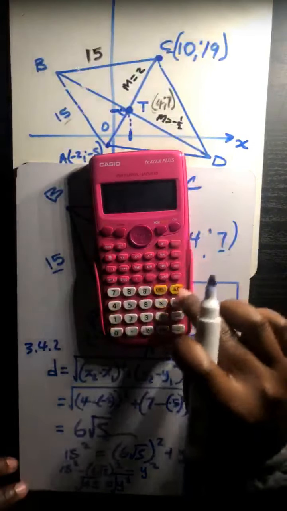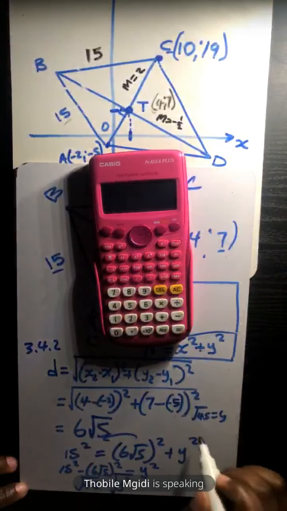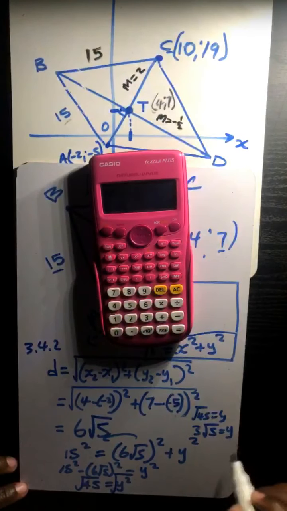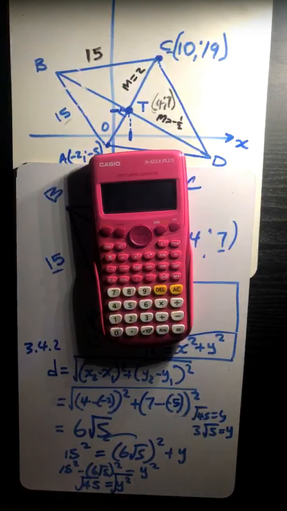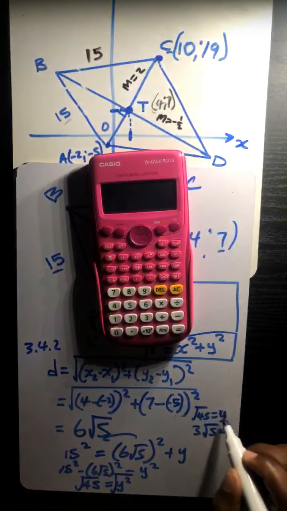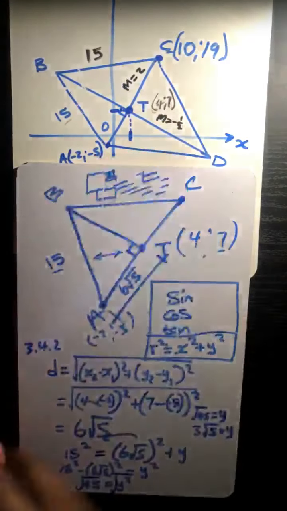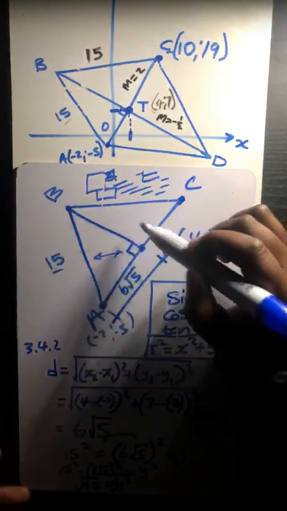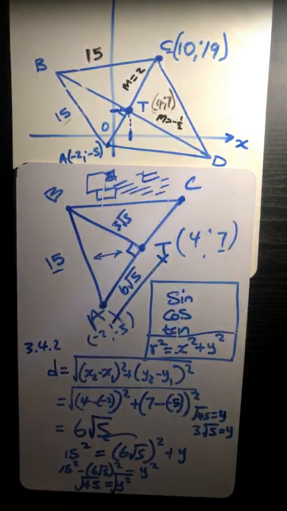Then what is square root of 45? 3 root 5 is what we are getting when we punch that. So that means this side BT, which is what the question wanted us to calculate, is exactly that.